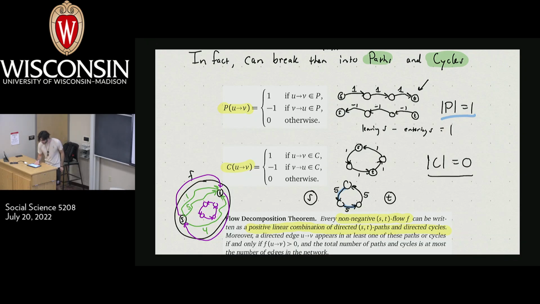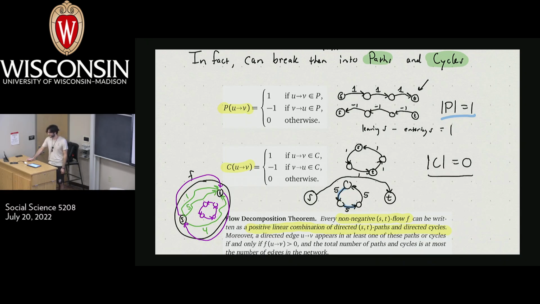You should think of the paths as being used to capture all the flow leaving S. So everything that leaves S has to be on a path because it's being created. So you're getting positive numbers. But things on cycles are just zeros. So we only need cycles to capture the things kind of in the middle of the graph. We can always use paths to capture everything from S to T. But everything else that could be there, we need cycles for. Yes?